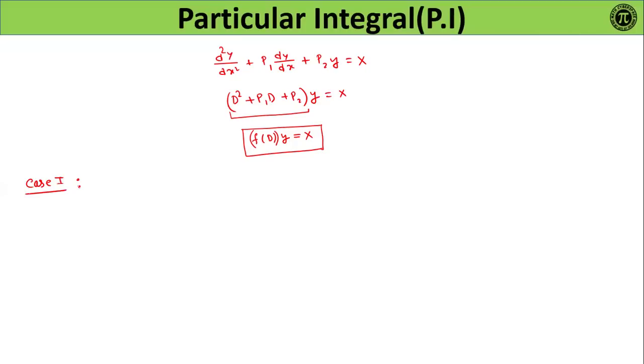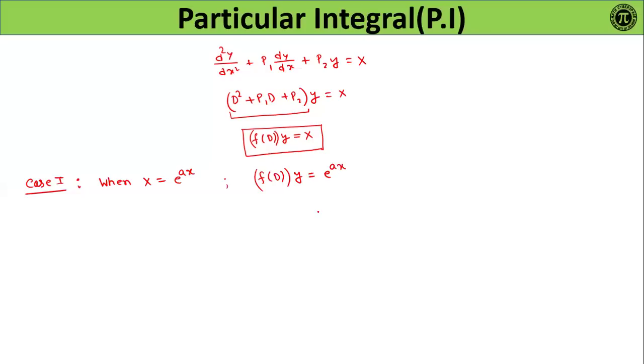In case 1, let's take the easiest one, when capital X equals the exponential function e to the power ax. That means the given differential equation is of the form f of D y equals e to the power ax.